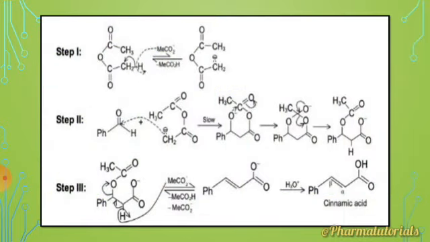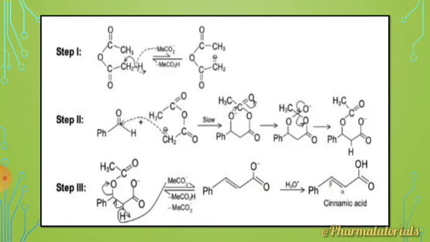Let us see the mechanism. The first step involves the removal of a hydrogen ion using a weak base, which results in the formation of a resonance stabilized carbanion. In the second step, there is nucleophilic addition of the carbanion to the carbonyl carbon of the aldehyde, and there is formation of a tetrahedral intermediate.